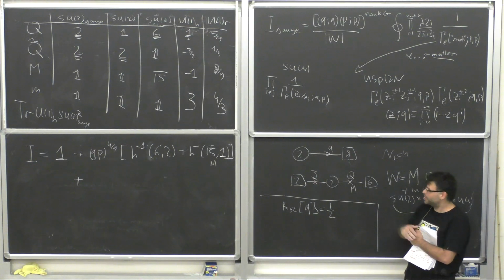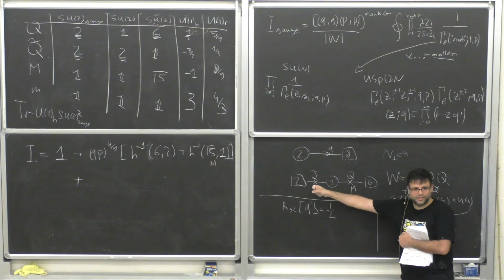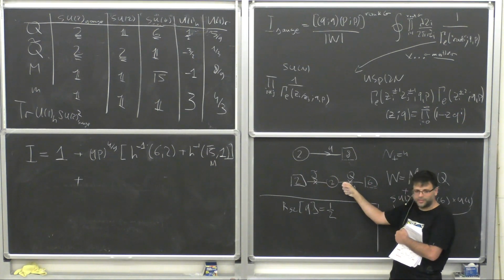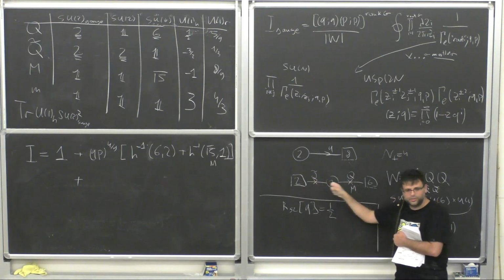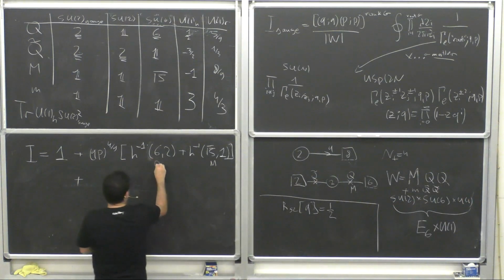The simplest one is just Q tilde. Just go from one end of this quiver to another, multiply these two fundamental fields, and you will get Q tilde. It transforms under this SU2 and under this SU6. So this is just Q tilde.